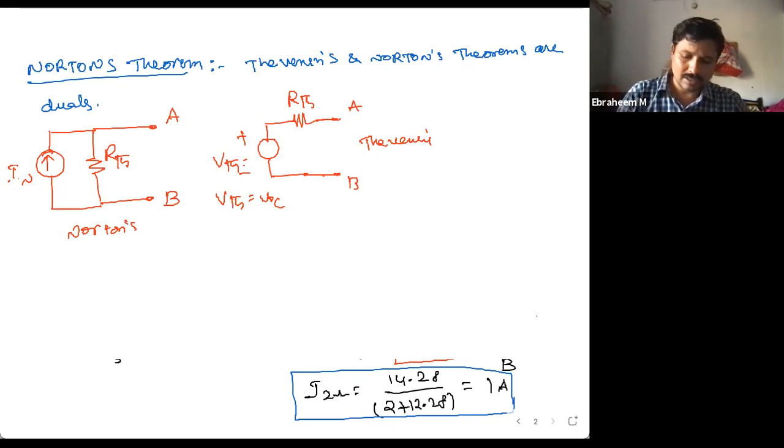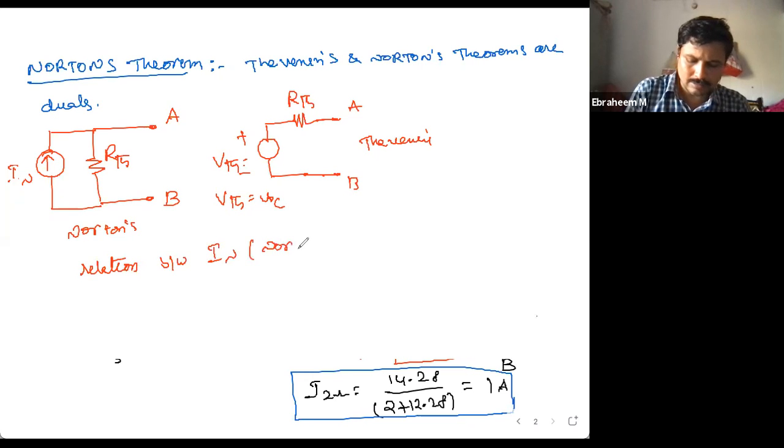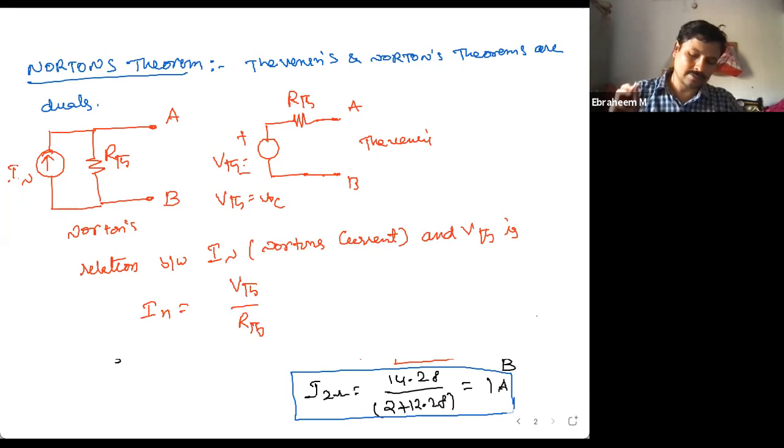The relation between Norton's current IN and VTH is IN is equal to VTH by RTH, or VTH is equal to IN into RTH.